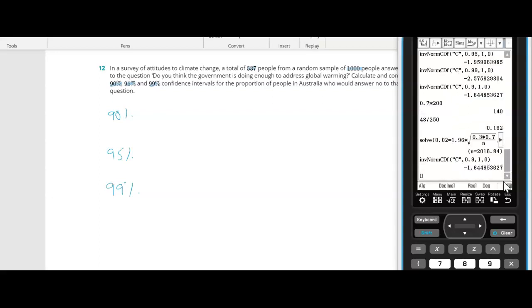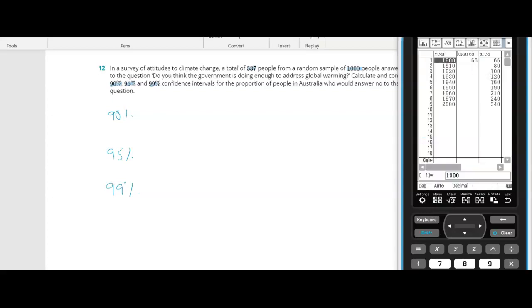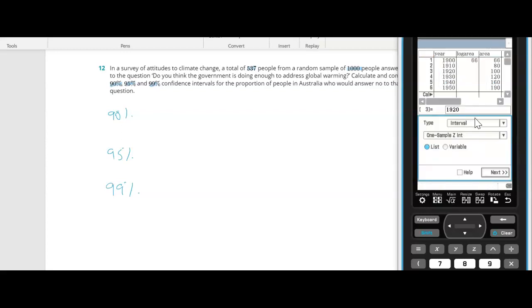So there's your value there. If you don't have to memorize these values, you can just get them from your calculator. But for these confidence intervals, I'm just going to be using the statistics calc interval, and we want one prop.